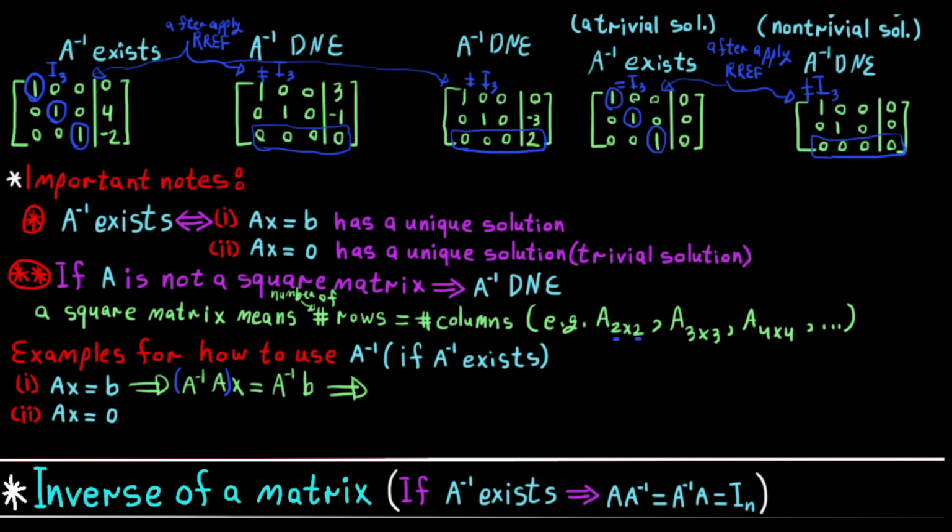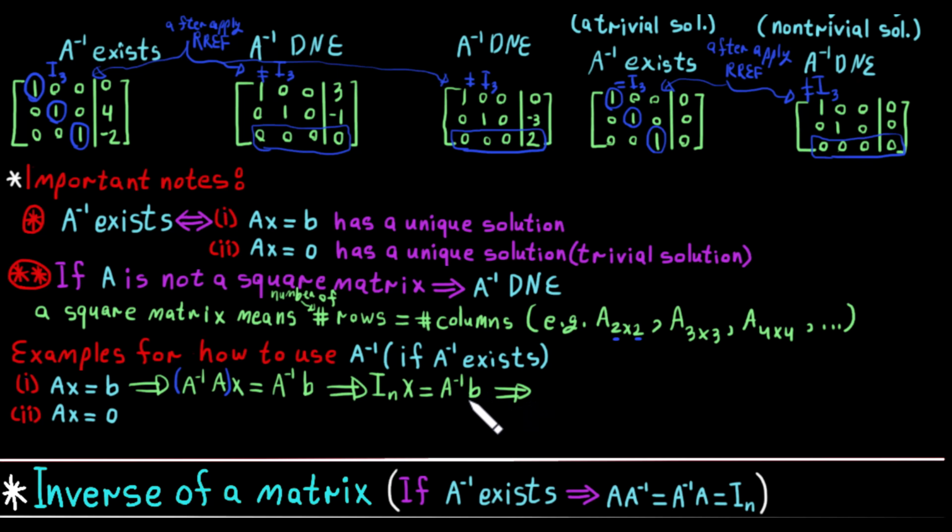I will change the color. So here I will write identity with size n, and here we have x equal, and for this side we have A inverse multiplied by B.